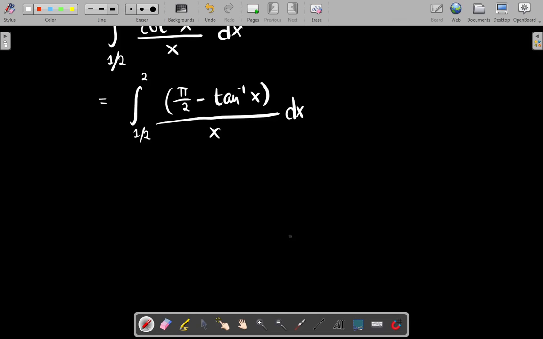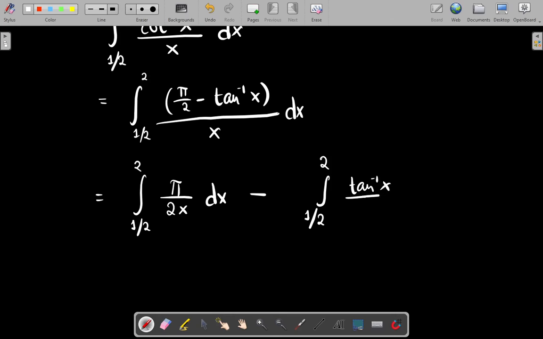Now if I separate this into two integrals, the first one becomes pi by 2x dx, minus the integral from half to 2 of tan inverse x upon x dx.